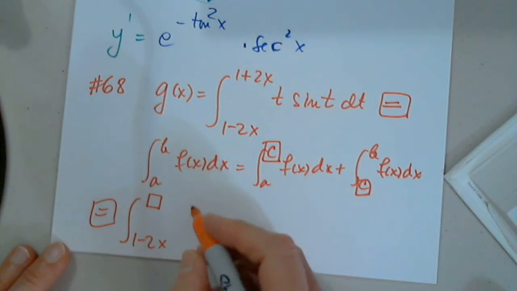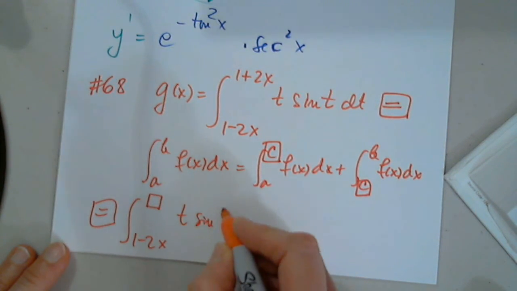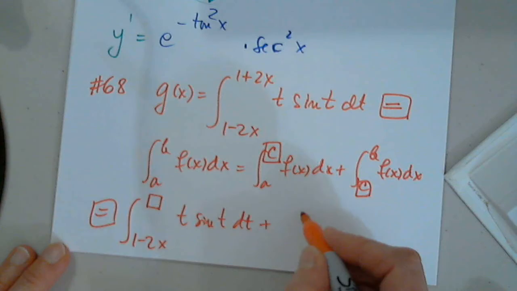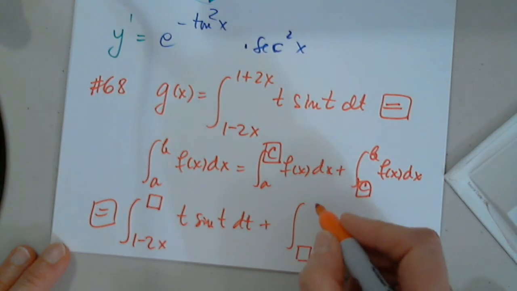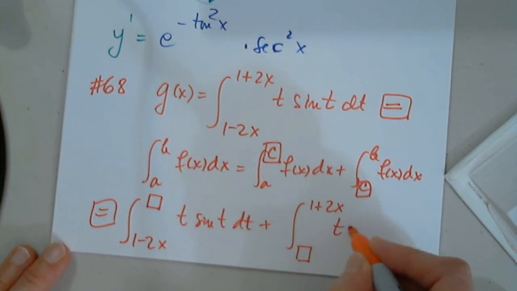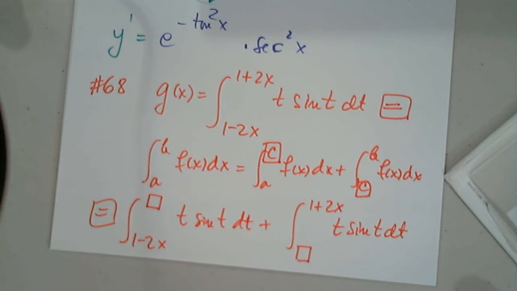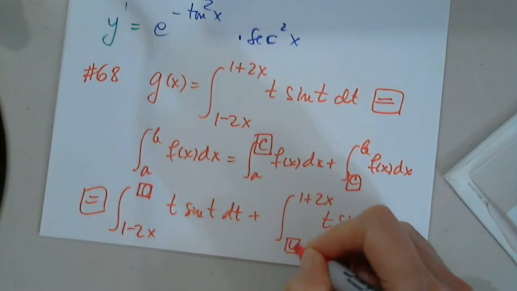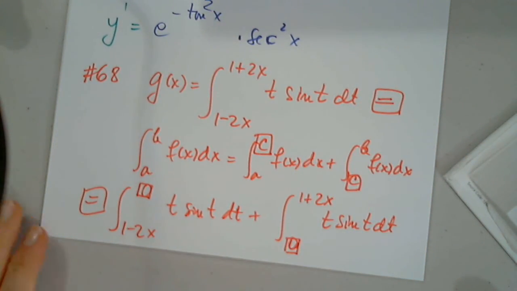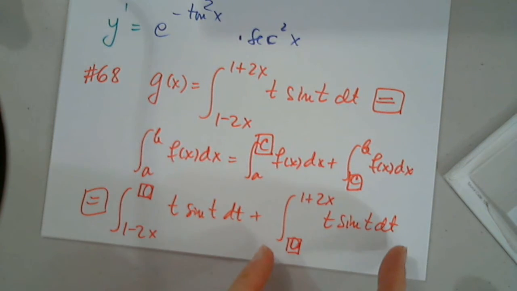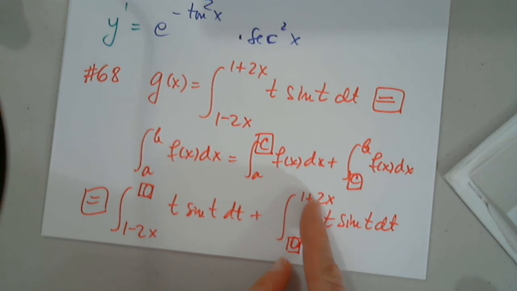So then this function will be written as the integral from 1 minus 2x to whatever you want. Put any number you can think of. It doesn't matter, as long as you start at the same point. 0 it is. Perfect. So now I can differentiate because it has a constant as the lower limit, and a function of x at the top limit.